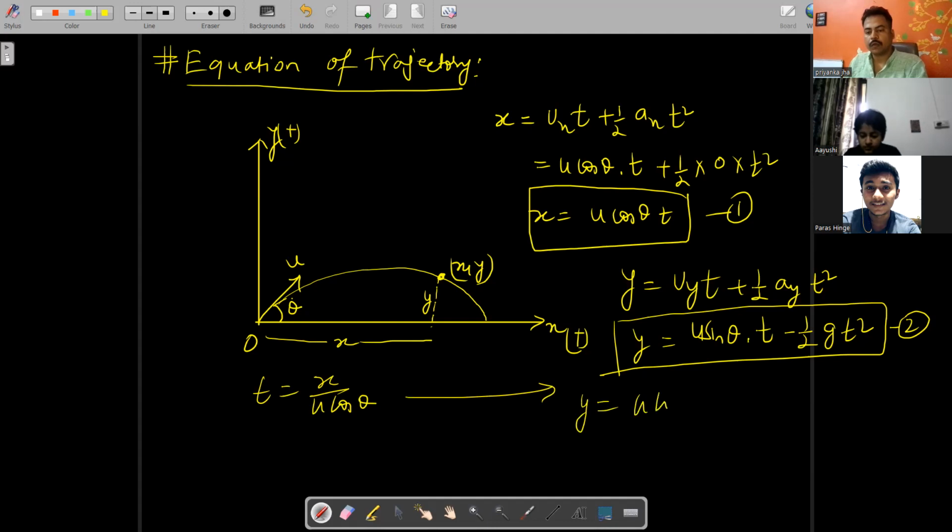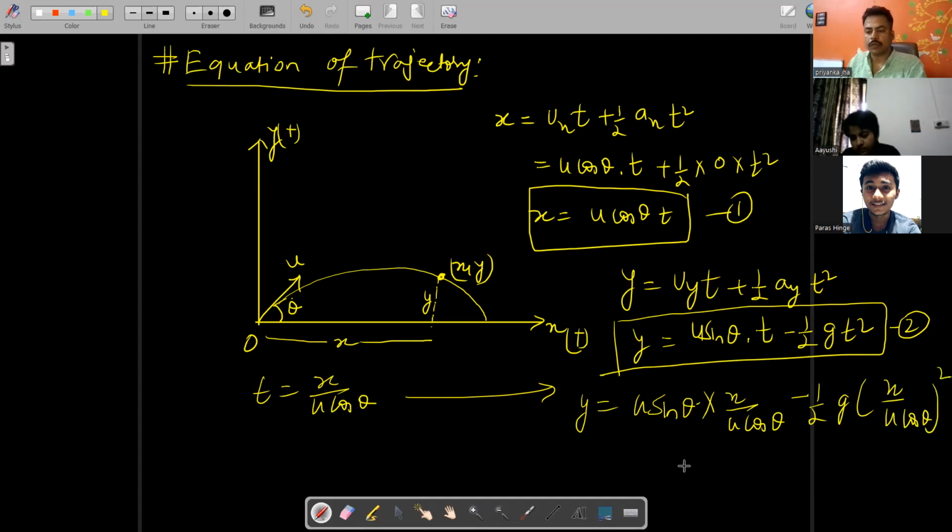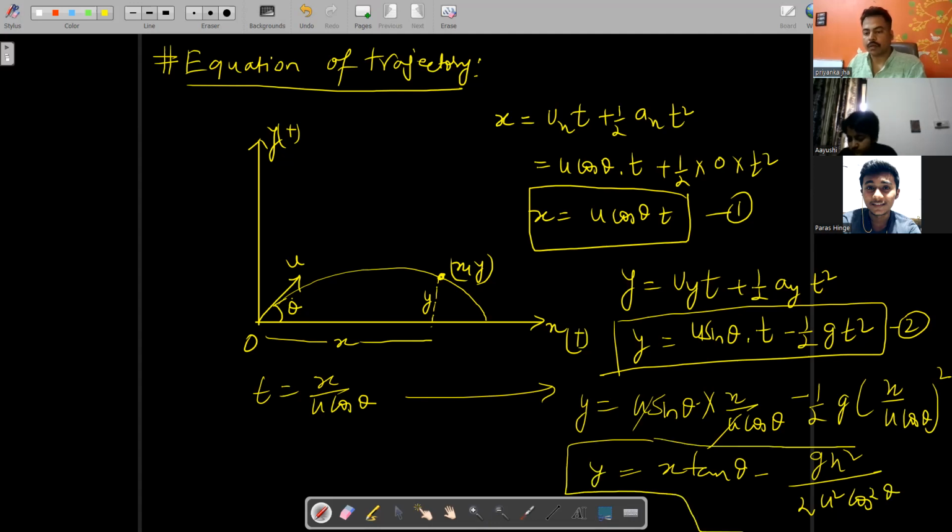So y will be u sin theta into x by u cos theta, minus half g into x upon u cos theta whole square. So u is gone. This is x tan theta minus g x square upon 2 u square cos square theta. This is the equation of trajectory that you have to remember.